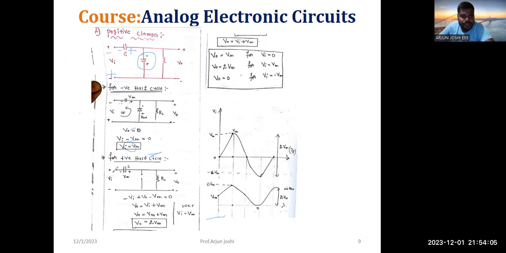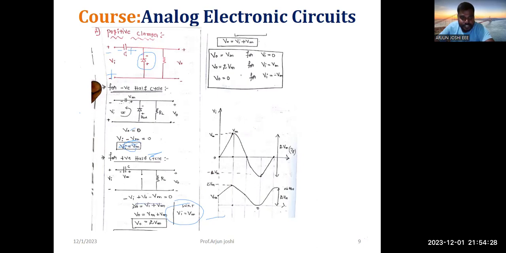During the positive half cycle, our diode acts as an open switch. You need to apply KVL: plus to minus Vi, minus to plus V naught, plus to minus Vm is equal to 0. V naught is equal to what? Vi plus Vm. We know Vi is equal to Vm here. Just substitute: Vm plus Vm, V naught is equal to 2Vm.